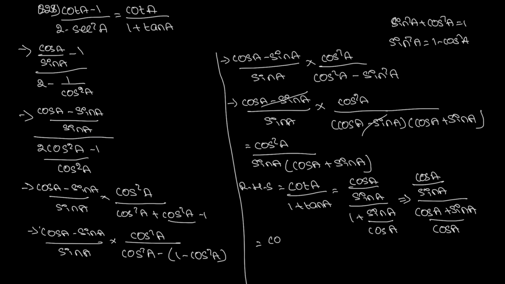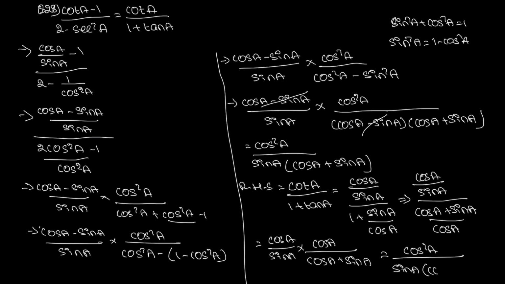We'll get it as cos A by sin A into cos A by cos A plus sin A. Let's multiply this. Cos into cos is cos square A by sin A of cos A plus sin A.